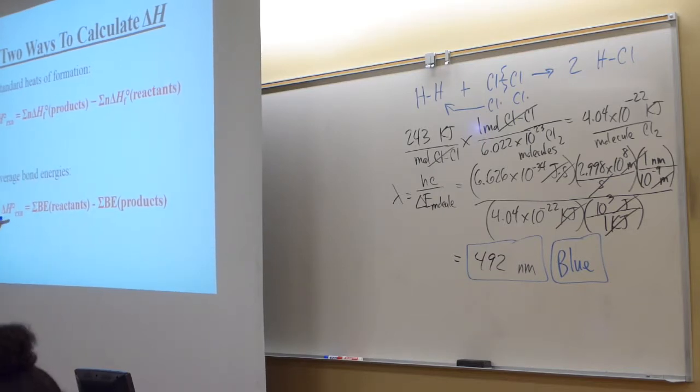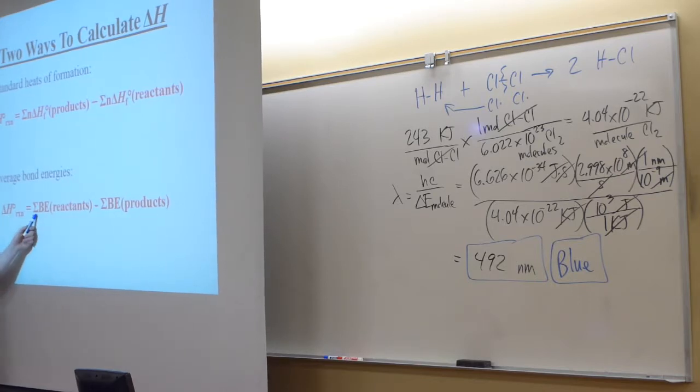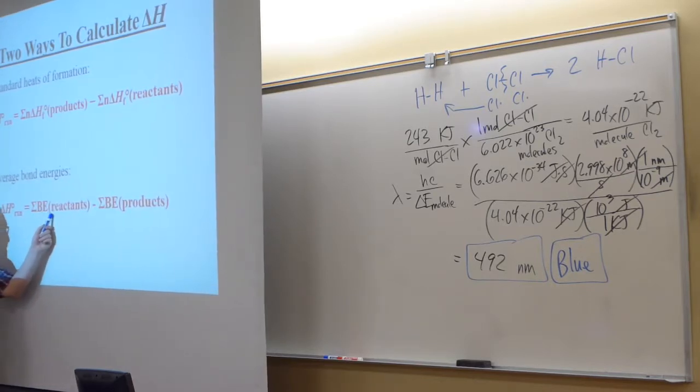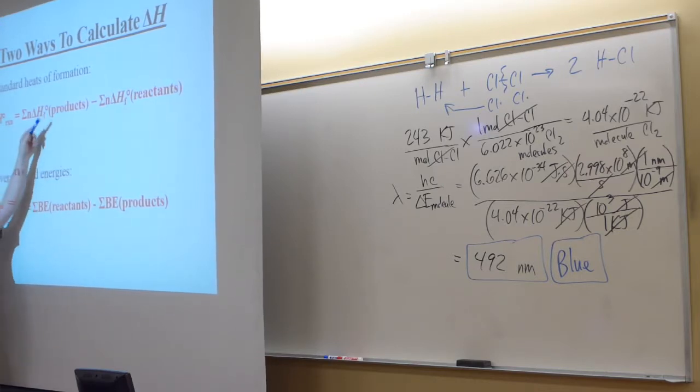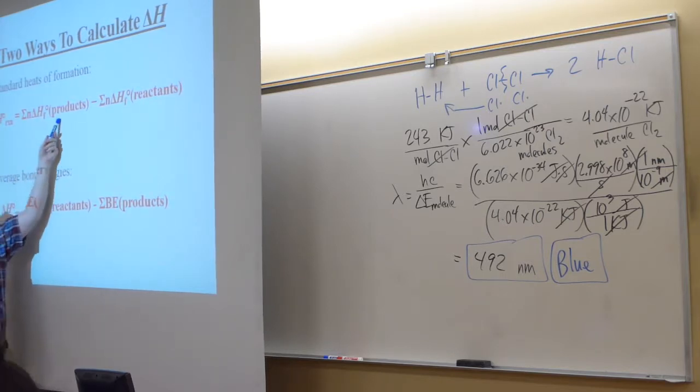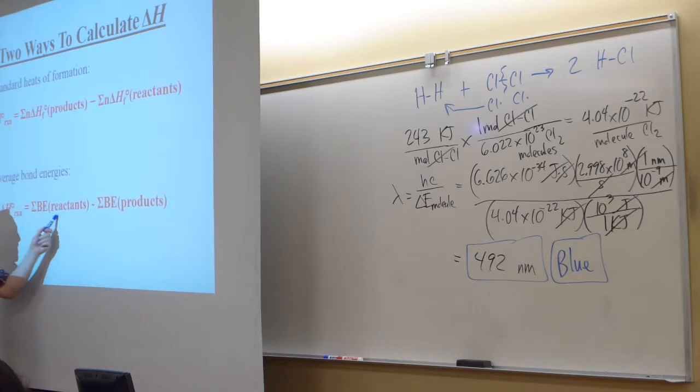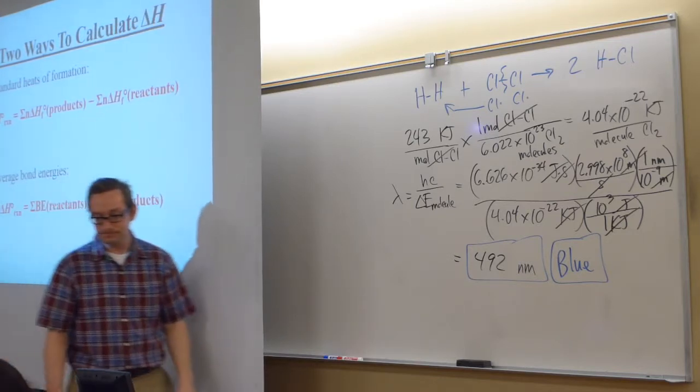What's new is you can also estimate delta H reaction by taking the sum of the bond energies of the reactants minus those of the products. What do you notice about the difference between these two? They're flipped, right? This is products minus reactants. This is reactants minus products. So it's really important to keep that in mind.